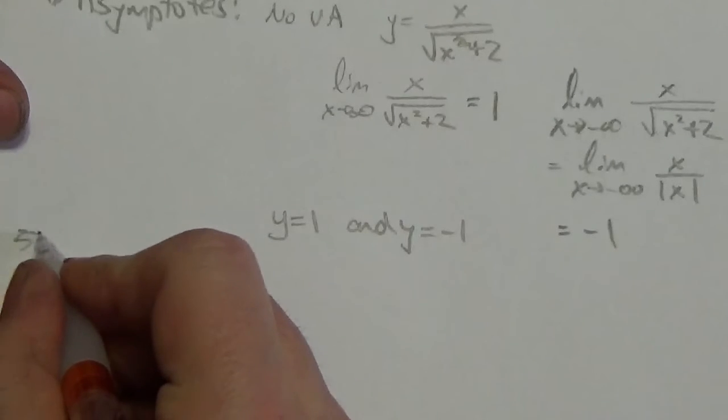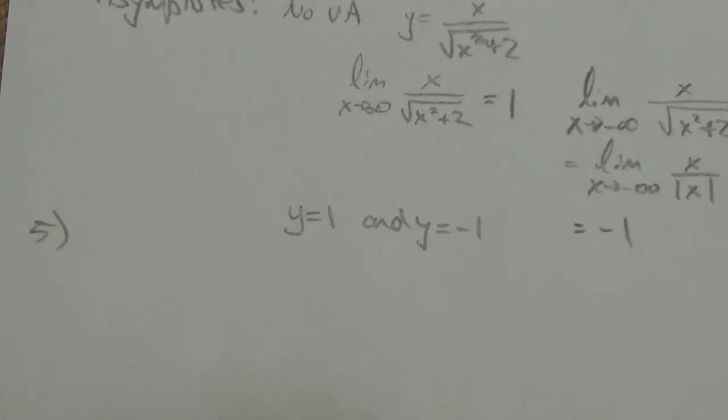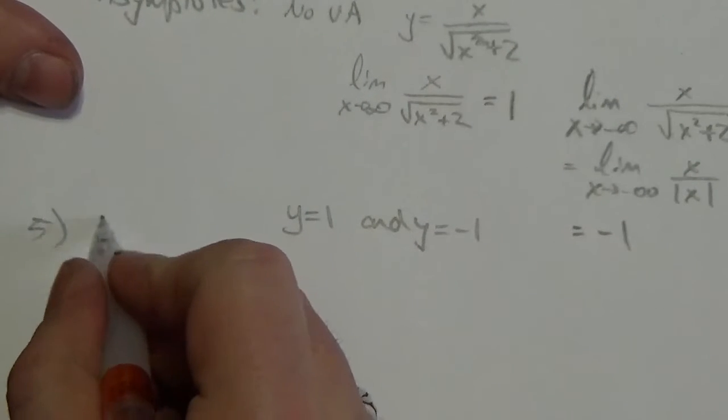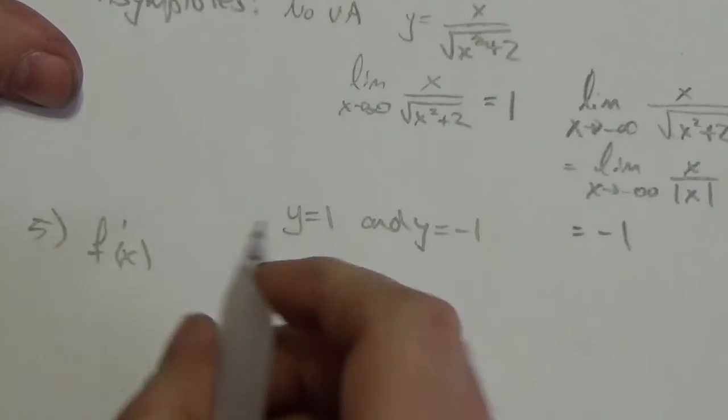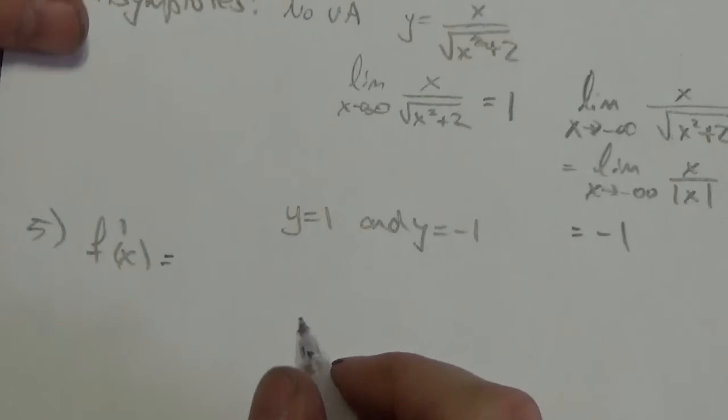Now let's take a look at intervals of increasing and decreasing. At this point, to be honest with you, we could probably draw a half decent sketch even right now without having to go through the rest of this. But it is what it is, so let's do the calculus here. So f prime of x, let's figure out what that is. Again, I'm going to use the quotient rule.